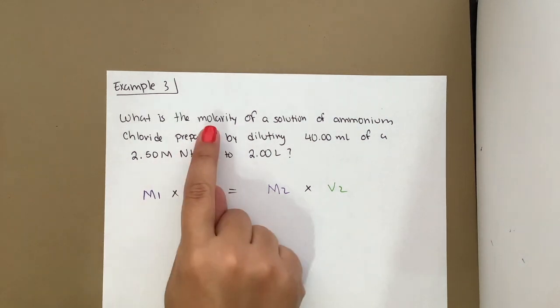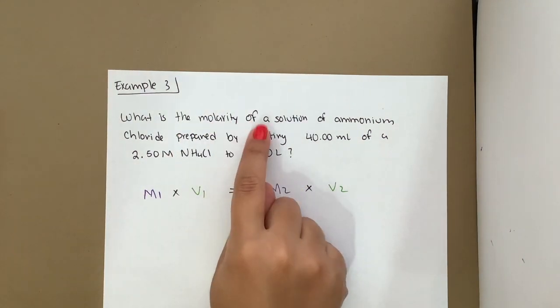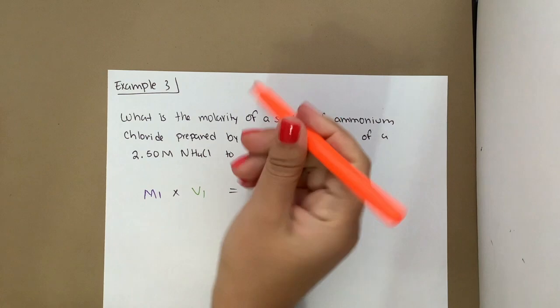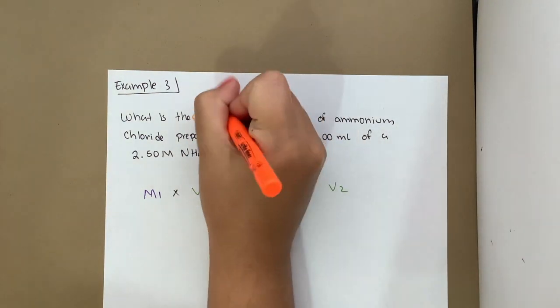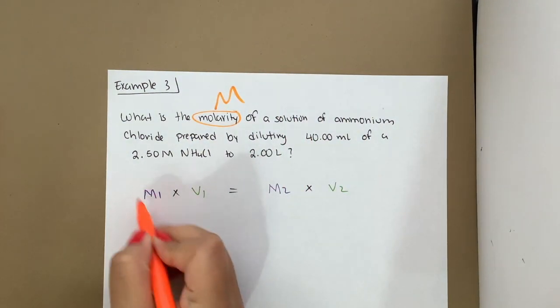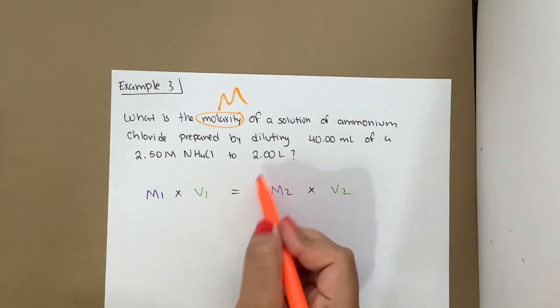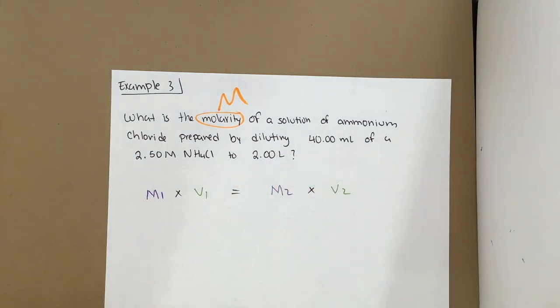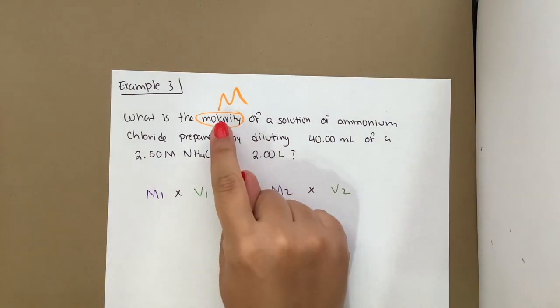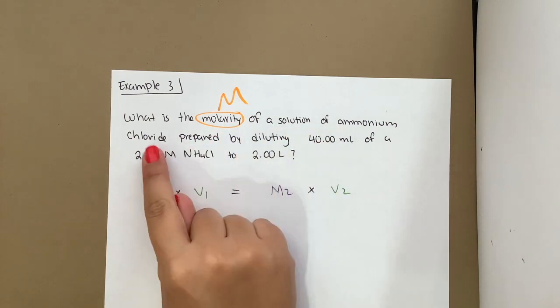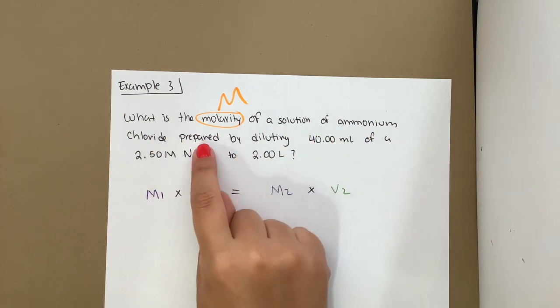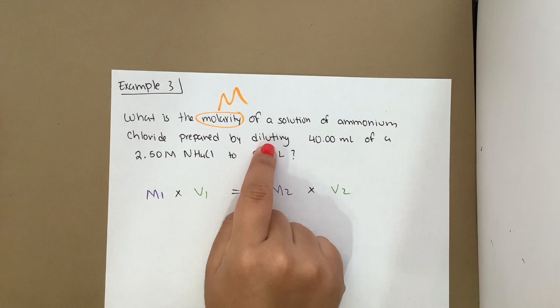So the first thing it's asking you is, what is the molarity of a solution? Okay, so they're asking you for molarity, M. Either molarity of the initial or the molarity of the final. Let's keep reading and see. So what is the molarity of a solution of ammonium chloride prepared by diluting?